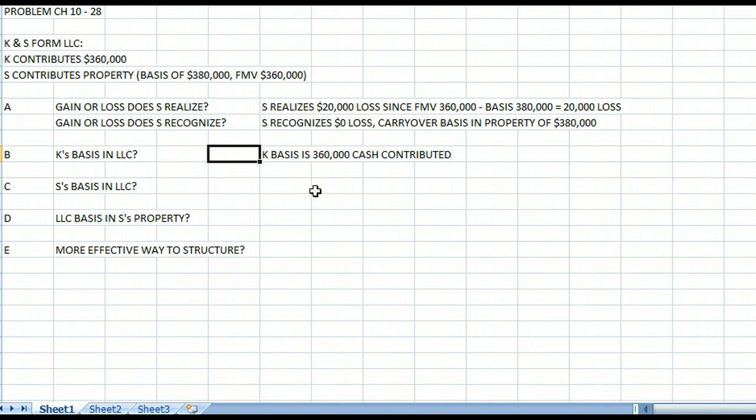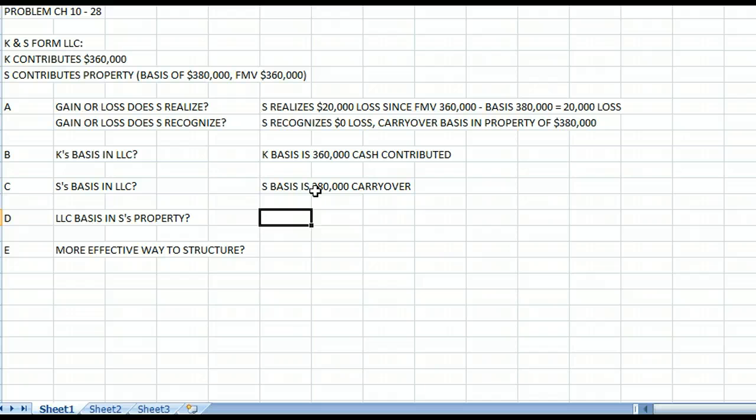Next it asks, what is S's basis? Which we already covered right up here, they get the carryover basis. So S's basis is the $380,000, the carryover. So we've got our loss built into the carryover basis.